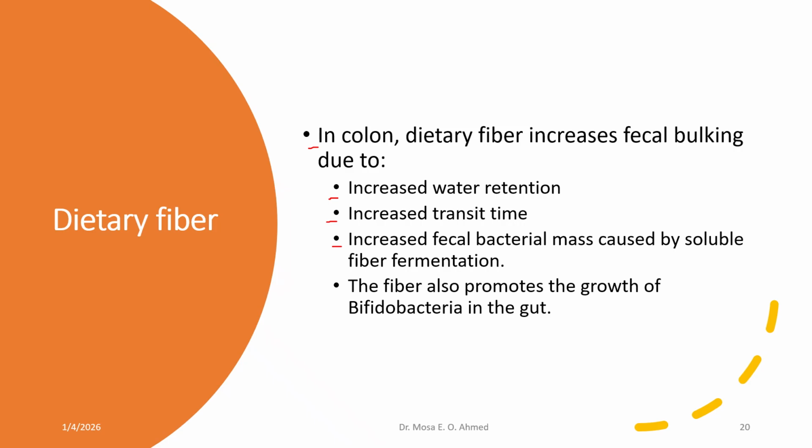So soluble fiber can increase the fecal bacterial mass, and the fiber also promotes the growth of bifidobacteria in the gut. All these four factors contribute to increase the fecal volume in the colon, and this results in improvement of constipation.